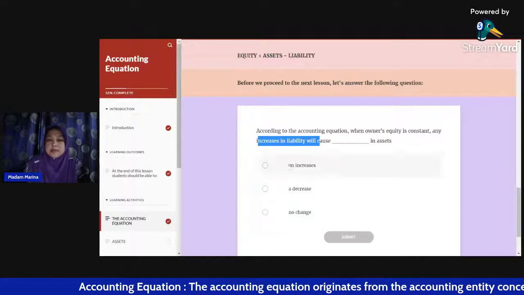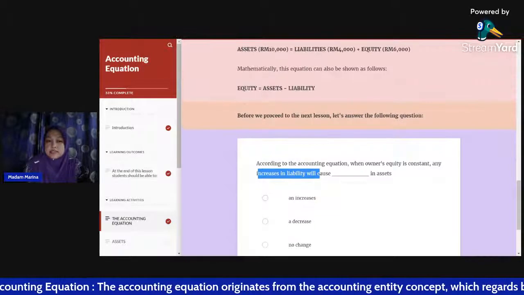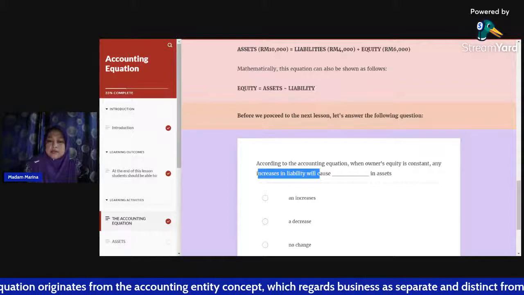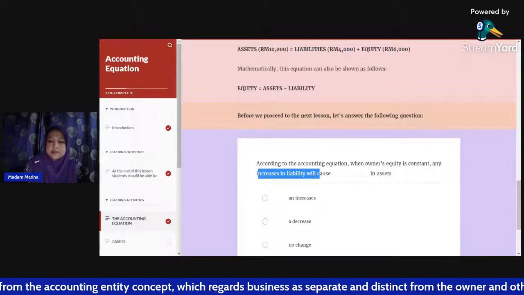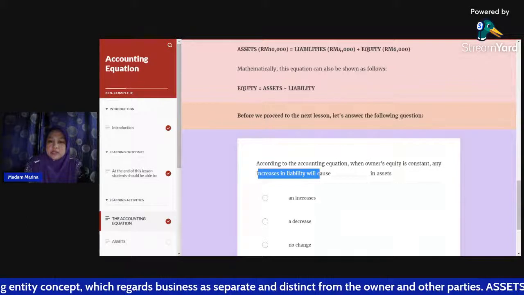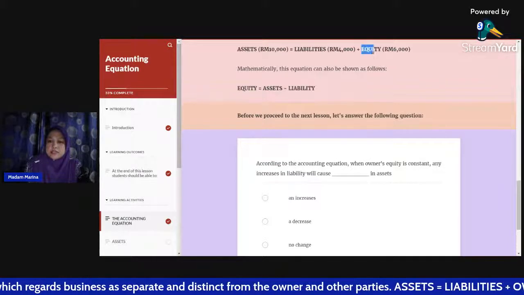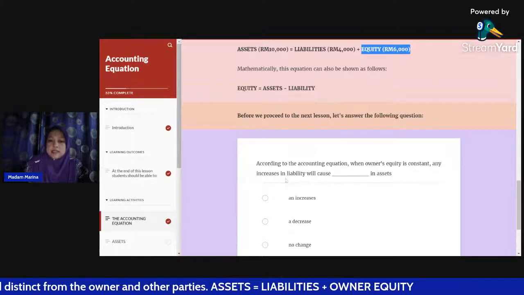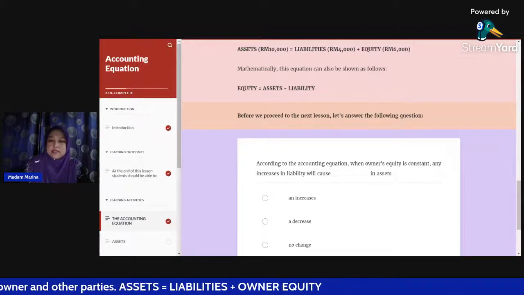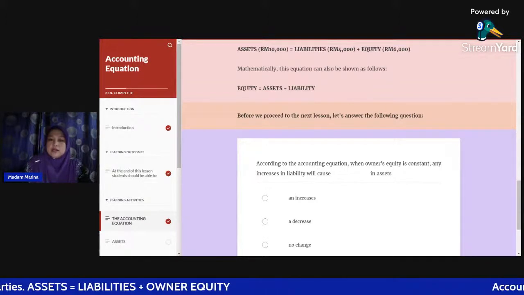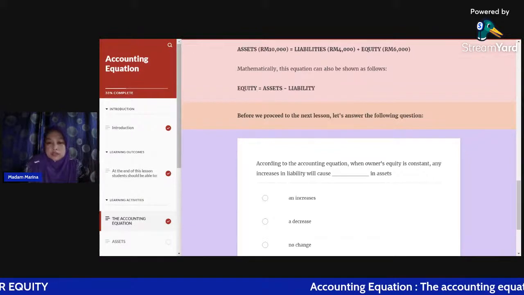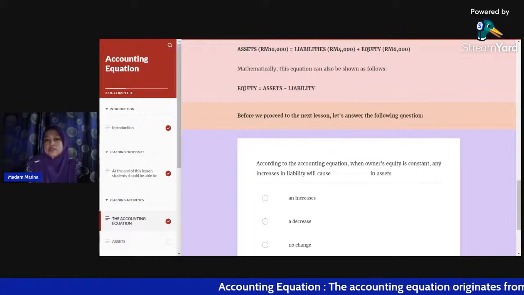Remember that in the accounting equation, asset must be equal to liability plus equity. Let's look at this example. We assume that owner equity is constant at 6,000. Any increase in liability, for example, liability increased by 2,000. So liability will go from 4,000 plus 2,000, increasing to 6,000.